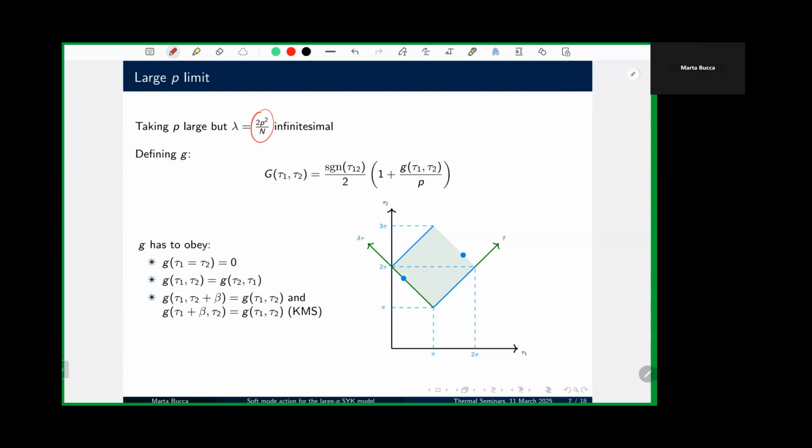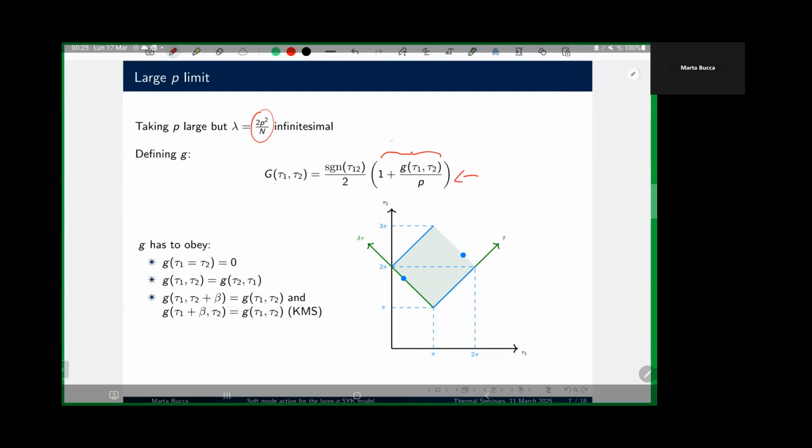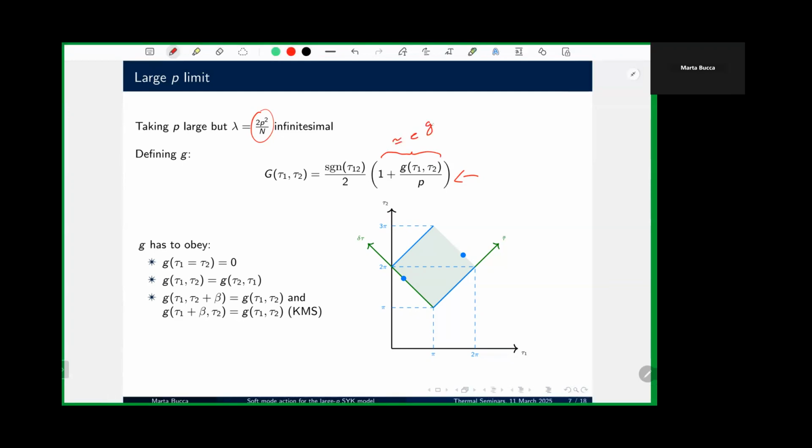Well, we do so by defining another field, the small g, in the following way. We start from the fermionic bilinear, big G, and we write big G as the sine of tau 1, tau 2 over tau 1 minus tau 2 over 2 times 1 plus g, small g, of tau 1, tau 2 over P. And this is going to be equal, in the large P limit of course, to e to the g over P.